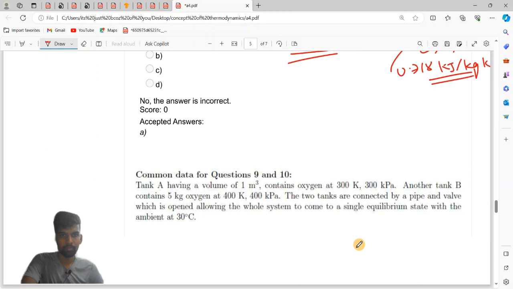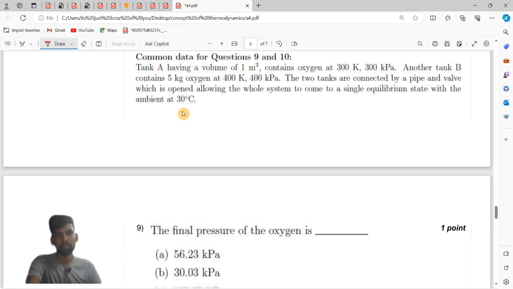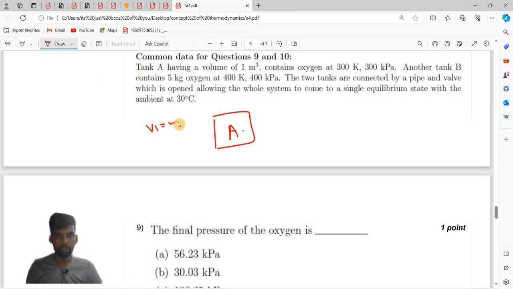Then coming to our final question for this assignment, suppose we have a tank A which is having volume say 1 meter cube, or VA. 1 meter cube contains oxygen at 300 Kelvin, pressure is 300 kPa.